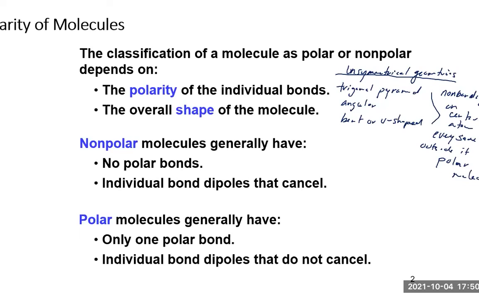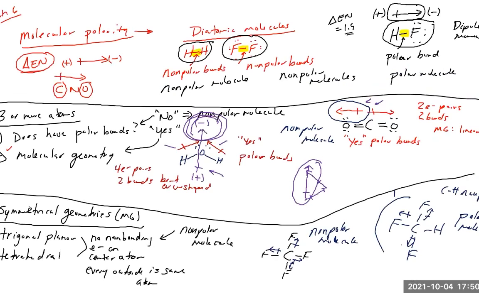So for example, if we go back to water, which is what we had here, we look at the center atom, which I'll redraw over here. The center atom has dots. We have the same element on each side. It is going to be a polar molecule.